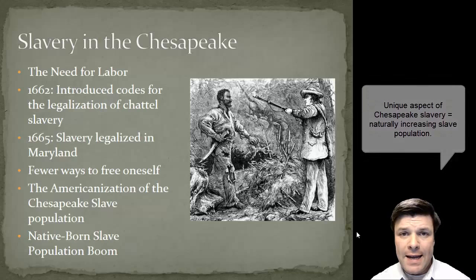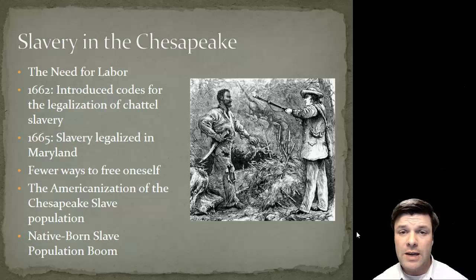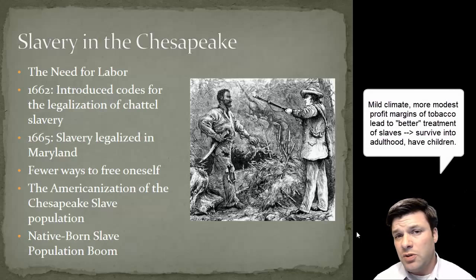Slavery wasn't needed in the Dutch colonies the same way that it was in the Chesapeake. Keep in mind, it's not exactly based on agriculture, and Virginia's economy is based on agriculture. What is going to happen is this milder climate, the fact that you just couldn't get away with executing your slaves.